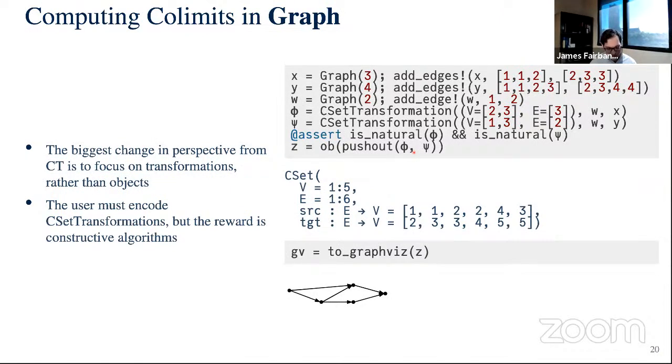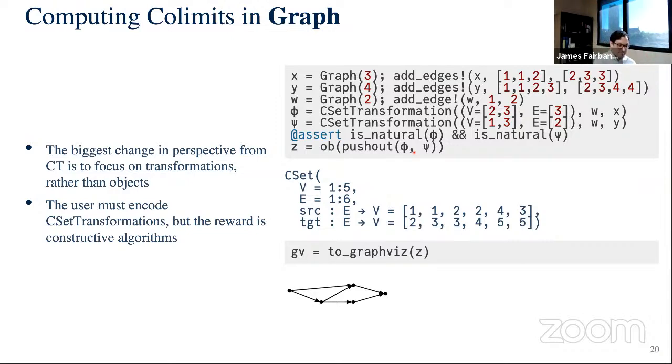When this grinds out into code, that means the user isn't just writing down graphs, they have to write down graph homomorphisms. Just a little bit more data. It's the data of two graphs plus a list of vertices and a list of edges. But the reward is that we can give them constructive algorithms.